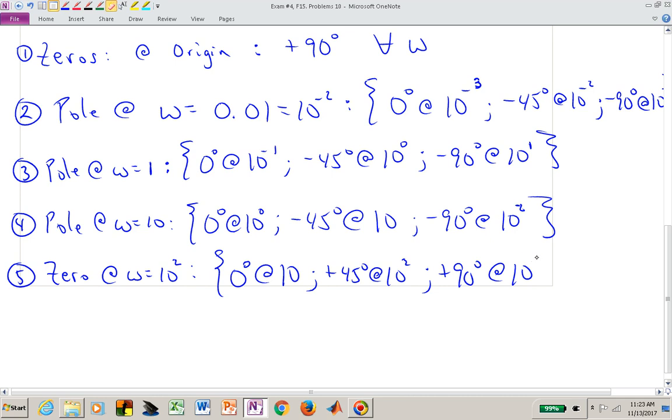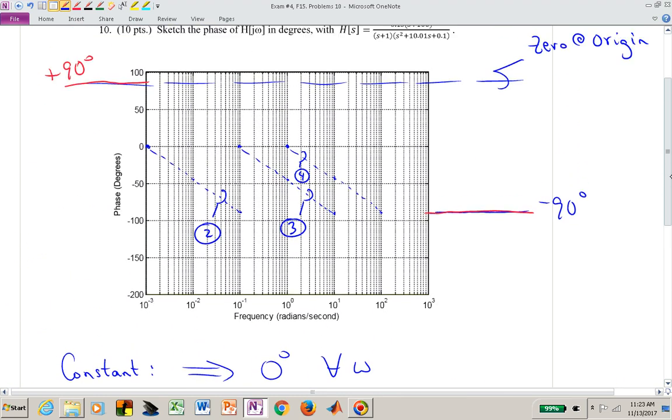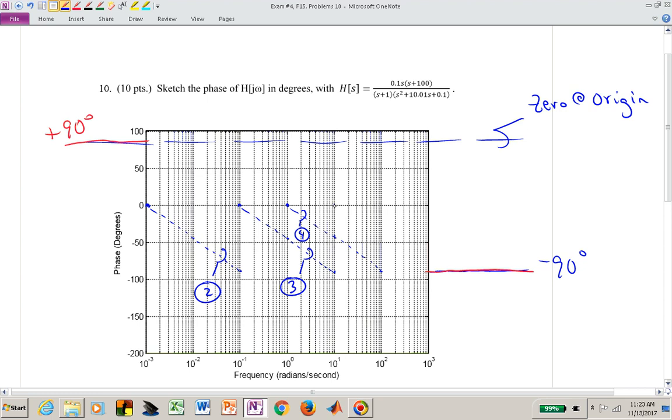So its contribution of slope will be spread over the 2-decade interval from 10 to 1,000. And so now I'm from 10 to 1,000. And in between, I'm at plus 45. So here is my fifth contribution. This was my first, that 0 at the origin.